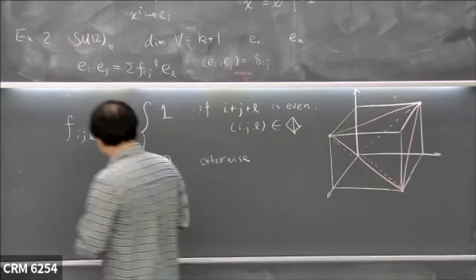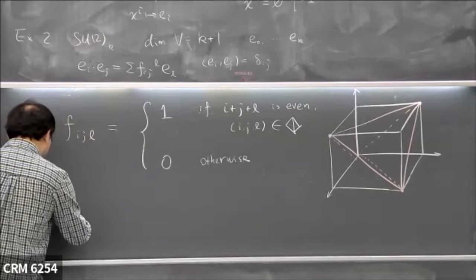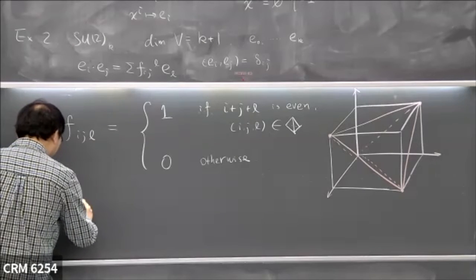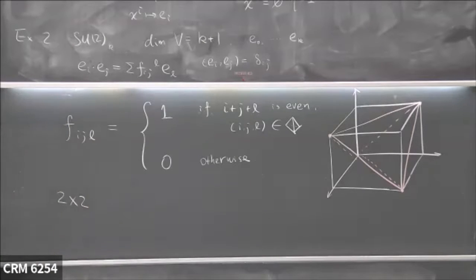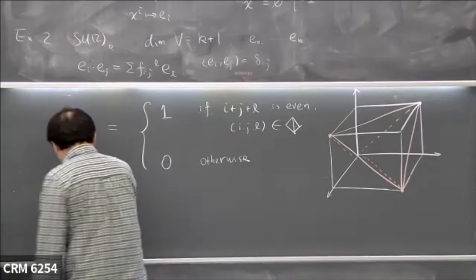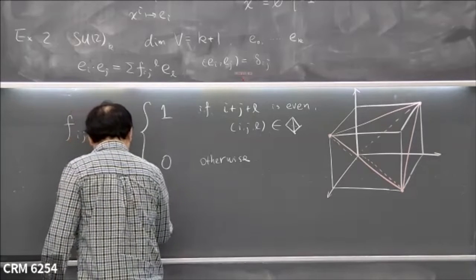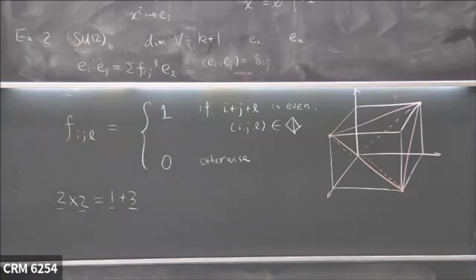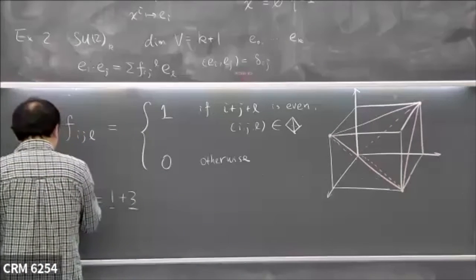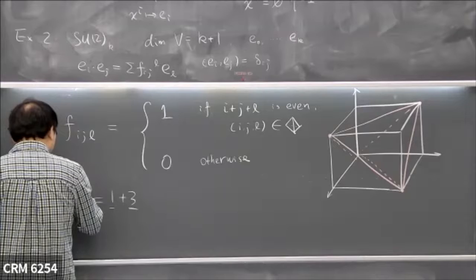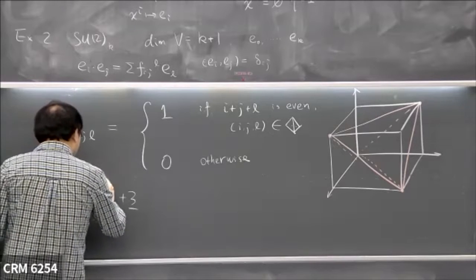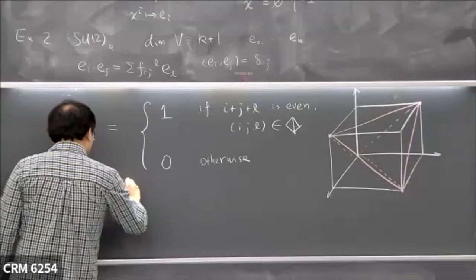To give an example, usually if you multiply 2 times 2, you get 4, but in the representation ring of SU(2), you are supposed to decompose this into 1 plus 3. In this basis, what you would write is that e_1 times e_1 is e_0 plus e_2.